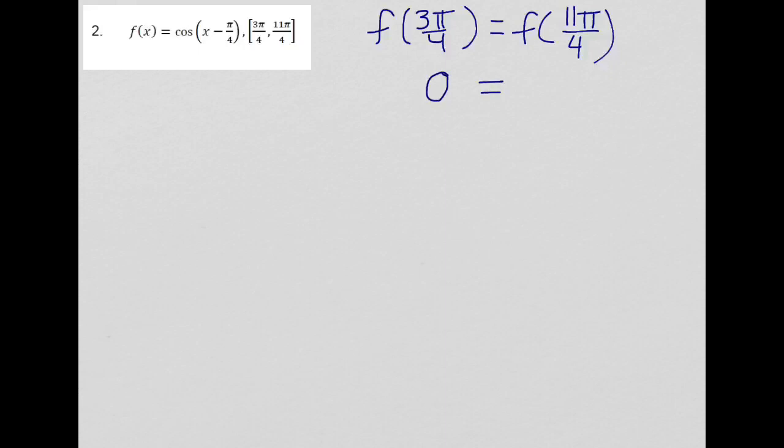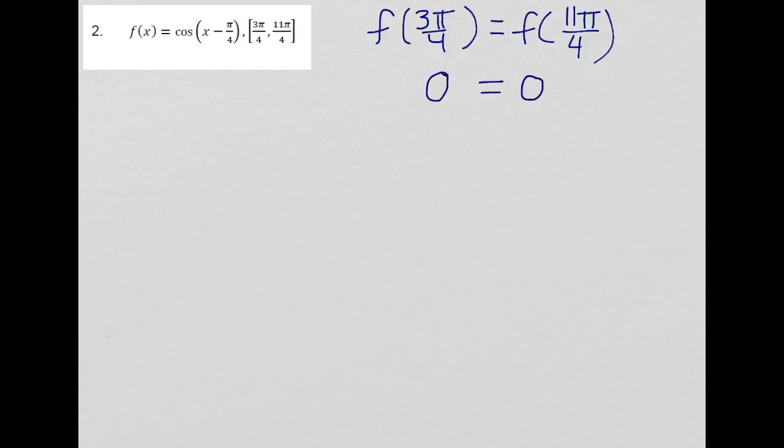And again, if we put in 11 pi over 4 and subtract pi over 4, we actually get 5 pi over 2, which is 1 complete rotation plus another pi over 2. So 0 does equal 0. You're good. So it's continuous, differentiable, and equal at the endpoints.